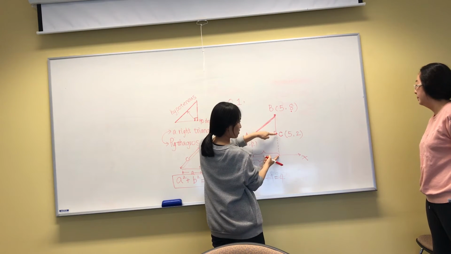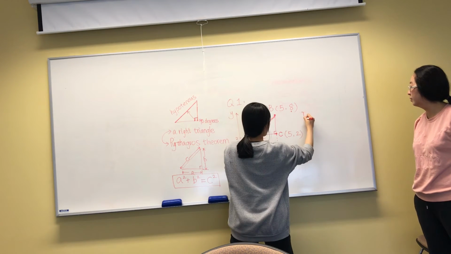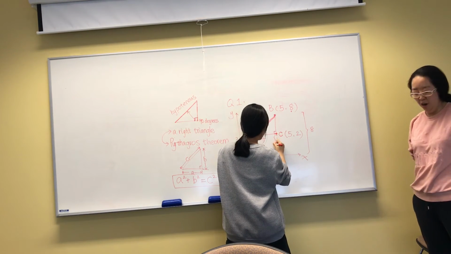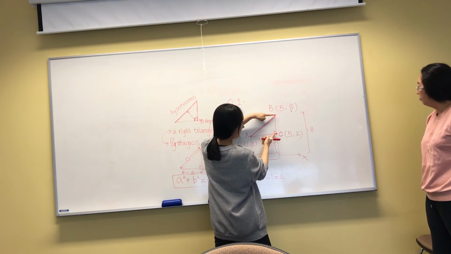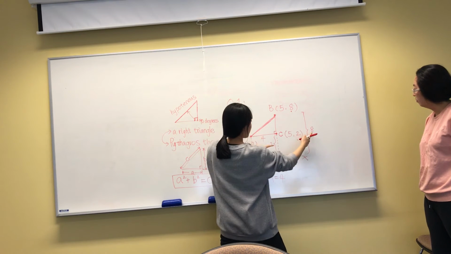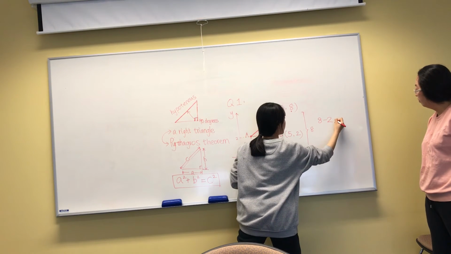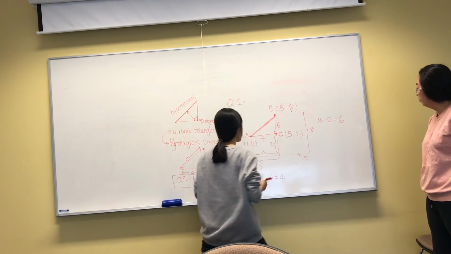What about this distance? It's 2. So distance BC is 8 minus 2, which equals 6.